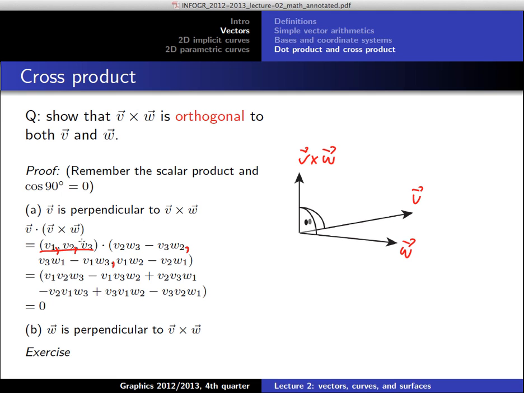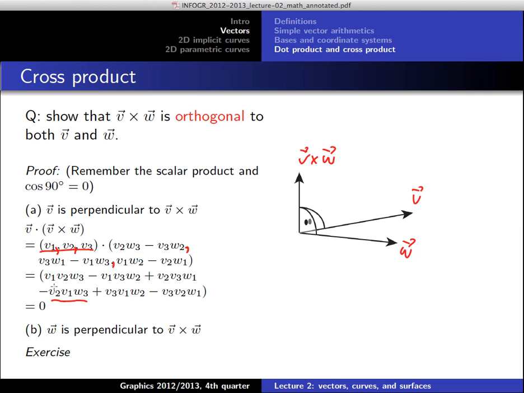And then you see, if you do the scalar product, like we had in the definition, where we take v1 times this value plus v2 times the other value and so on, you get these values here. Now we know that these are all products of scalar values, and we know that scalar multiplication is commutative, which means we don't have to look at the order. The order in which we multiply the individual values doesn't matter. That means v1, v2, v3 is the same as v2, v1, v3.